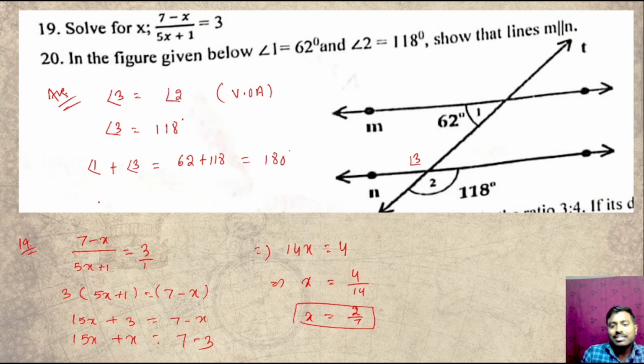So we can write M parallel to N by the co-interior angle property. Clear? Next question.